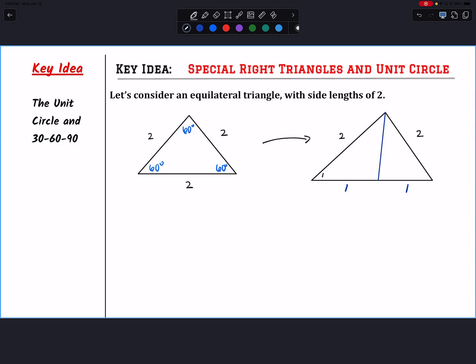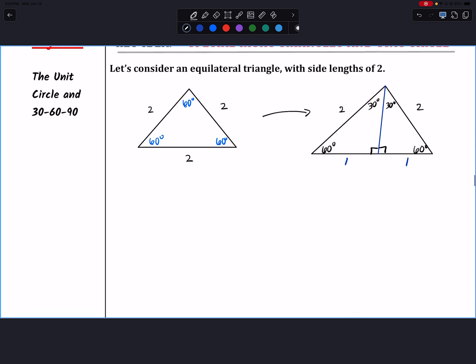This is still 60. This is still 60. How many degrees are each of these angles now? 30. This line we're going to assume is perpendicular. So what is the measure right here? 90. 30, 60, 90.